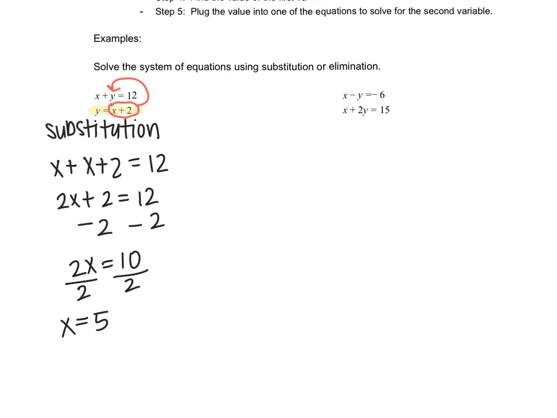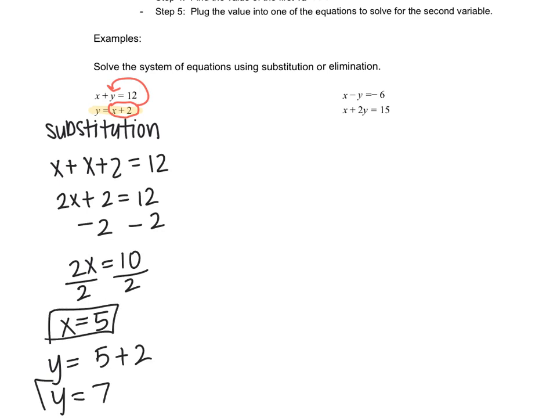Now I want to plug x equals 5 into one of my original equations. The nice thing is I have that second equation that's y equals x plus 2. Don't try to overcomplicate it by plugging into a more difficult equation. So it's easier to plug it in for the y equals x plus 2. So y equals 5 plus 2, and 5 plus 2 is 7.